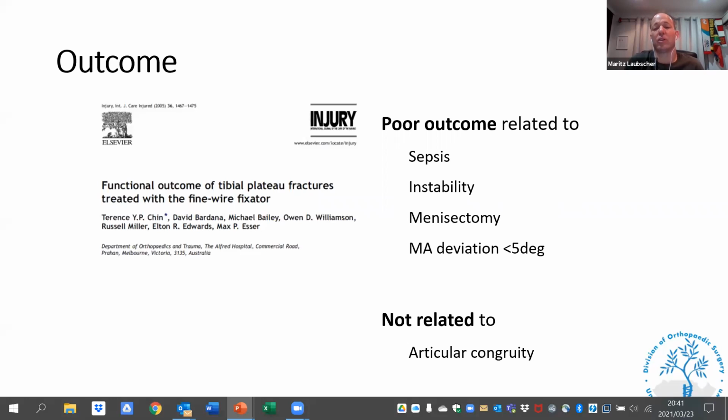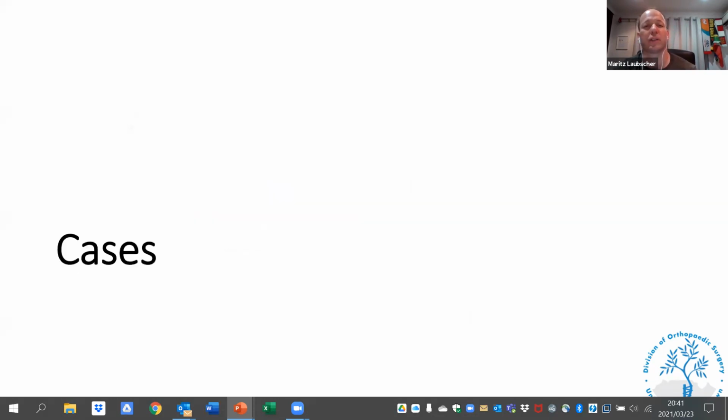Meniscectomy is associated with a poorer outcome, and then mechanical axis deviation and fixation associated with poor outcome. And articular congruity did not correlate well with outcome in this paper, and that's why it's not our first aim as an indication for surgery in tibial plateau fractures.